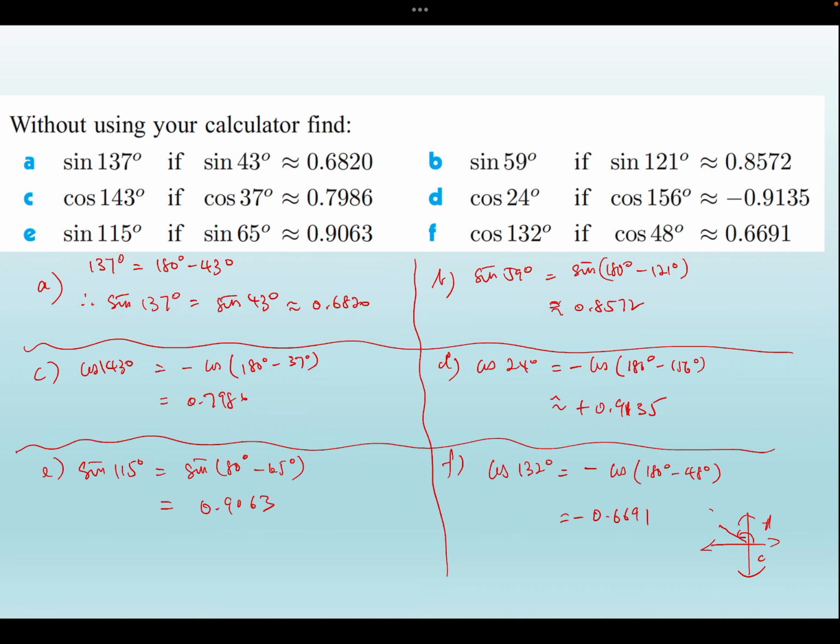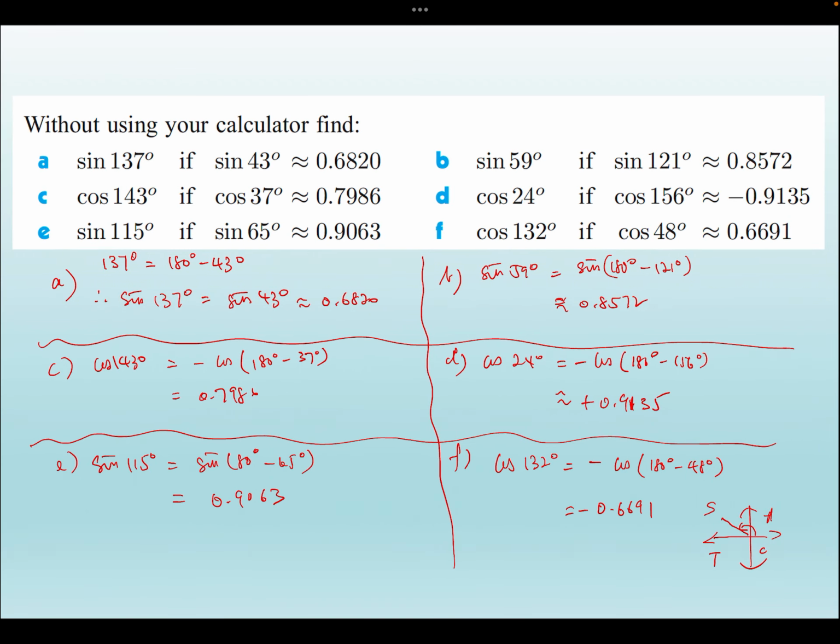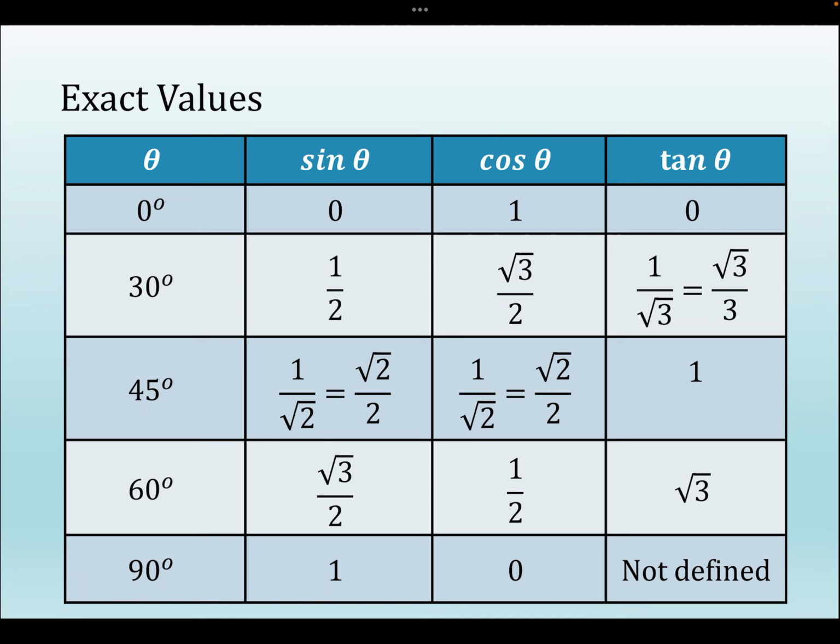And it's CAST. Let's quickly review the exact values. Now, if you cannot remember how to derive this, for 30 and 60 degrees, draw an equilateral triangle. 60 degrees, 60 degrees, 60 degrees.